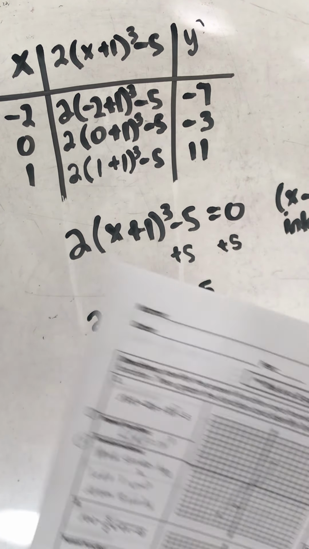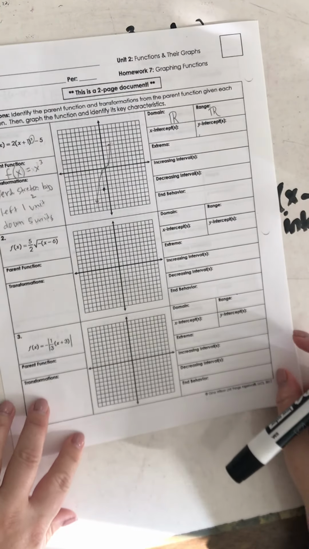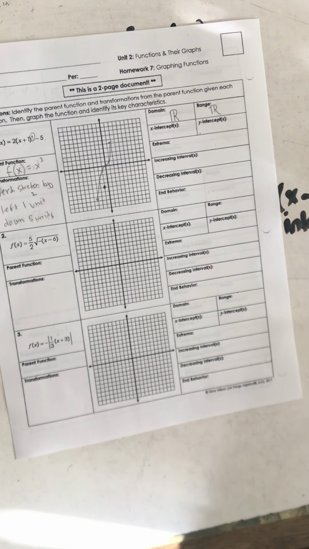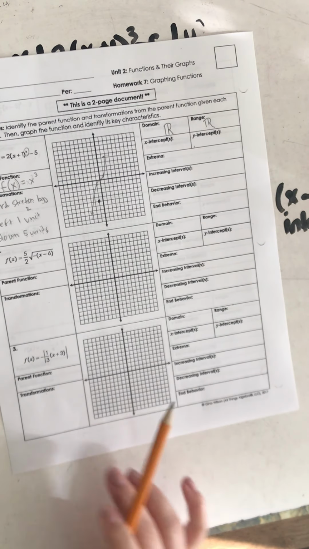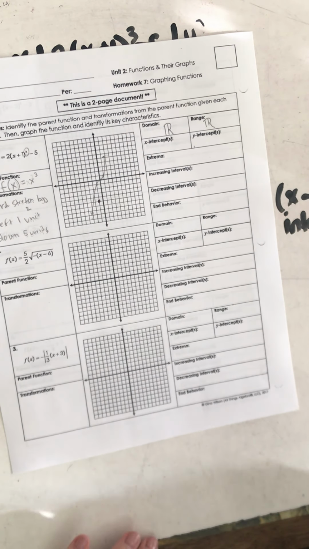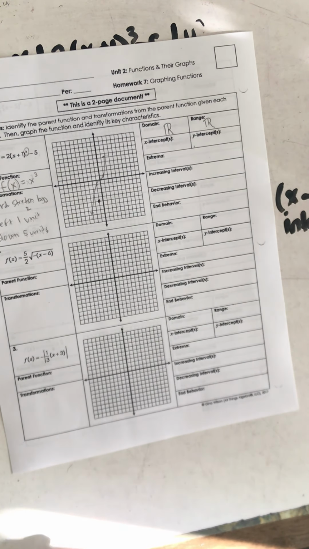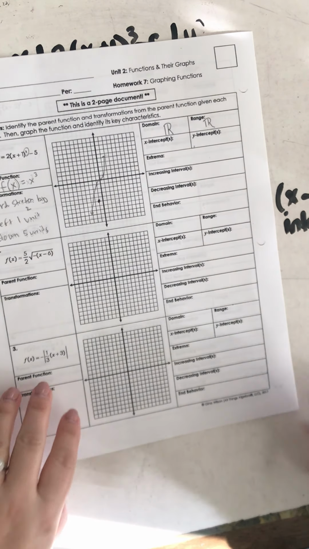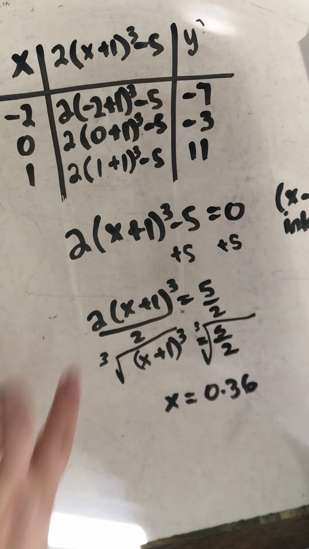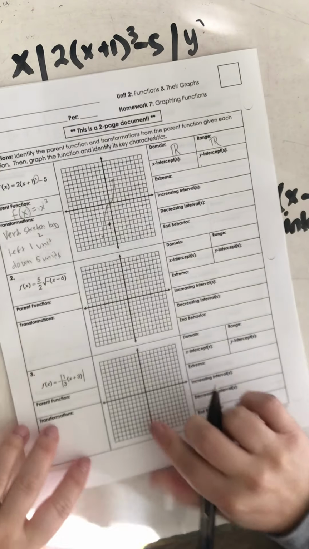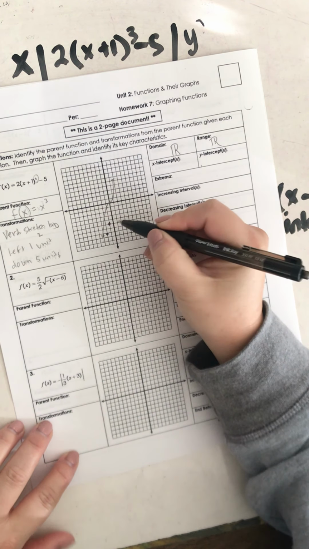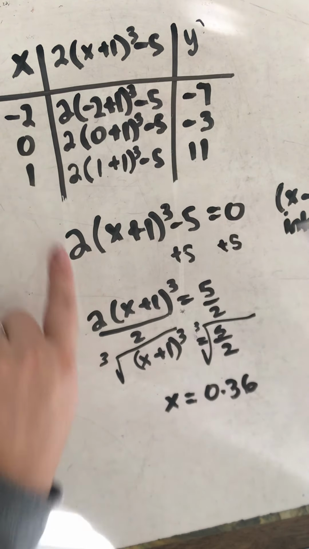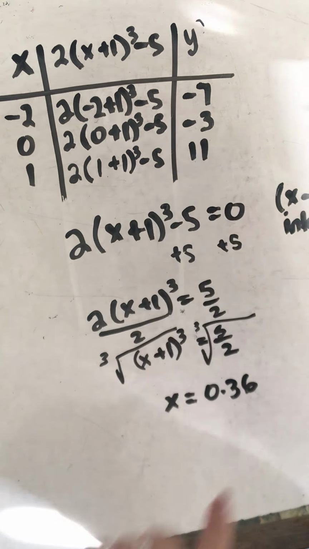Okay, so now we can go back and input this into our information chart, our homework. Now I can go ahead and graph the rest of the points here. I have a -2, -7, which is over here. I have a 0, -3.